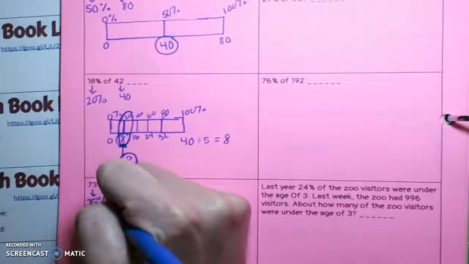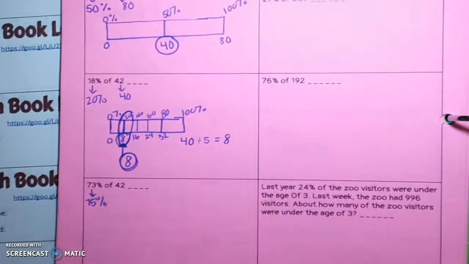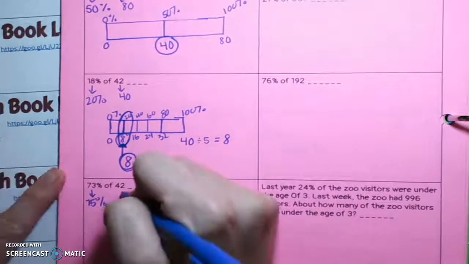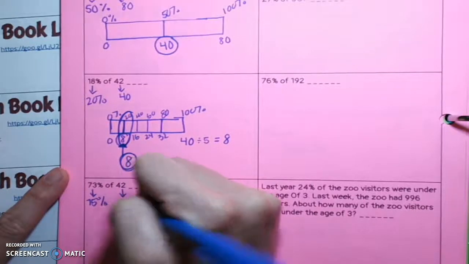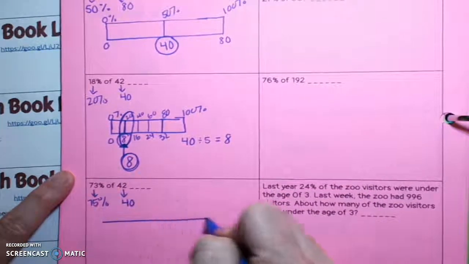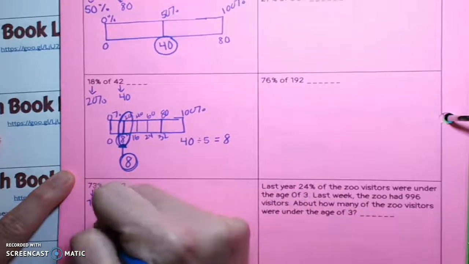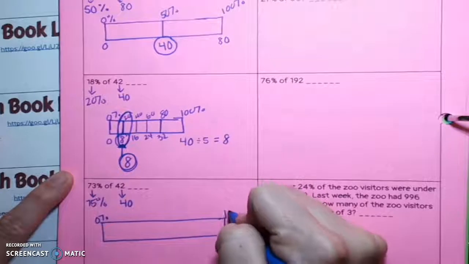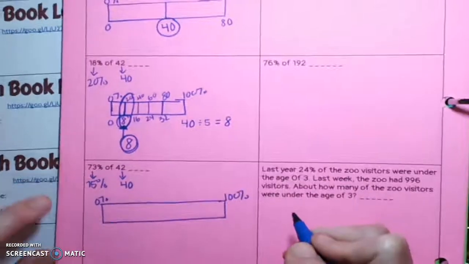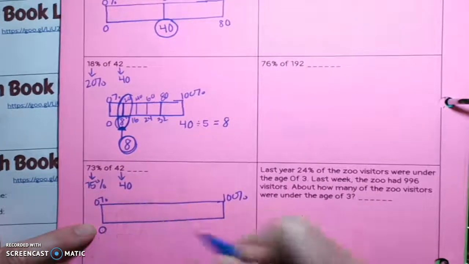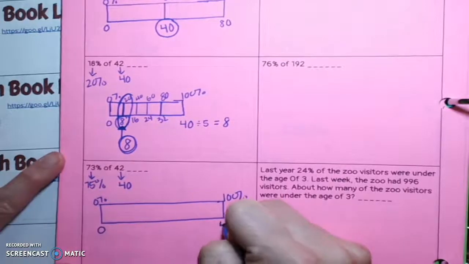And when we're dealing with 75%, that means we can count by 25 like quarters. 42, we want to bring that into 40 to make it easier. So we're going to draw our bar. On the top, we have 0%, and we go all the way to 100%. Down the bottom, we're going to start at 0, and I know I'm going to go to 40.